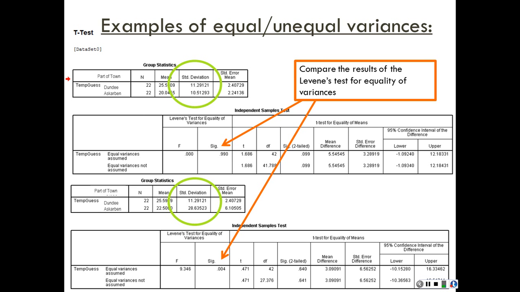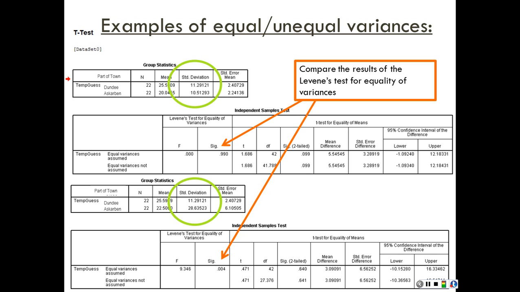It's not like one has tons of variability and the other has a little bit. If it does, Levene's test for equality of variances will correct for that and give you a whole other row of information that you need to report. So it's cool. I just wanted to give you an example of what that might look like.